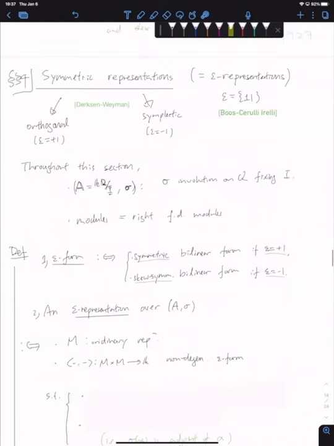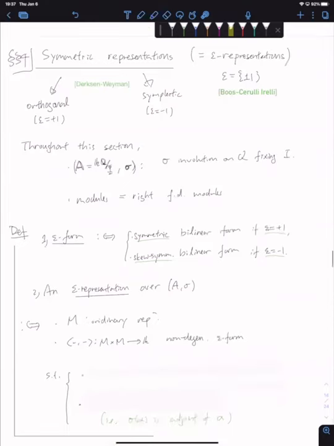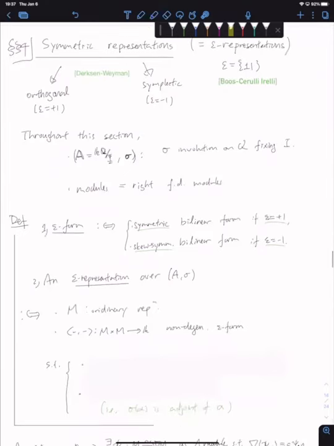So what are the symmetric representations? At the end, the definition may not be very enlightening, but since we are algebraists, let me go through the definition. So for simplicity, I would say an epsilon form. This will be either a symmetric bilinear form or a skew symmetric bilinear form, and which one you take depends on which epsilon you take.